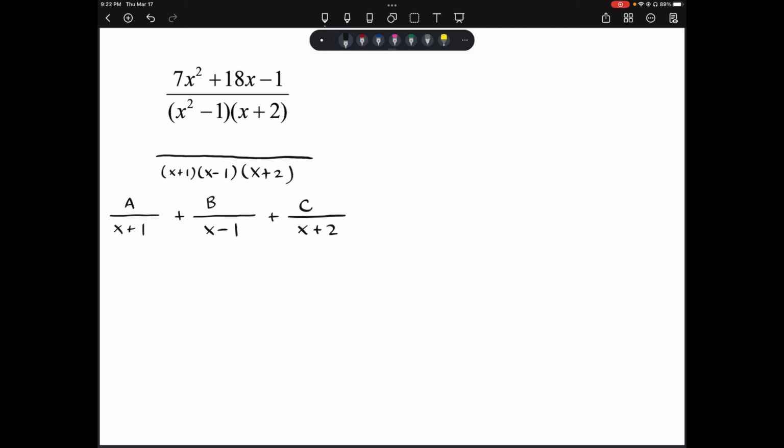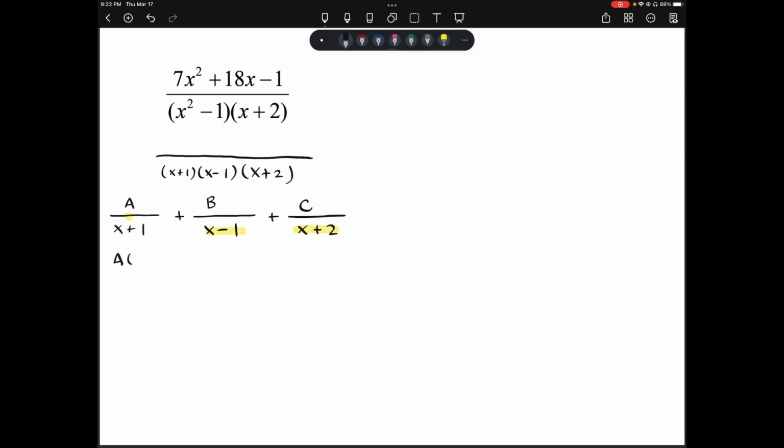Okay, so this one might get a little longer. So if you need more space, you can always go onto another sheet or look at the back side of the paper if you need to. Okay, so in order to get a common denominator here, I'm going to have to multiply this first fraction by the x minus 1 and x plus 2 in the top and the bottom.